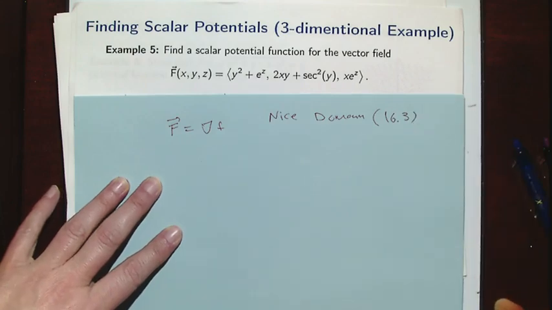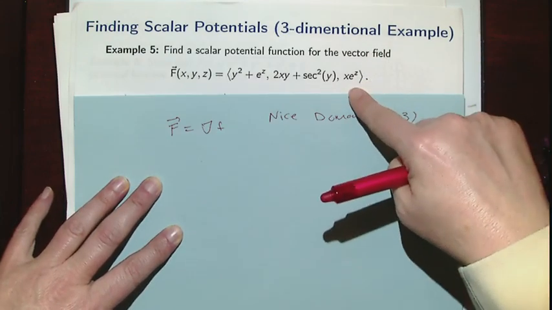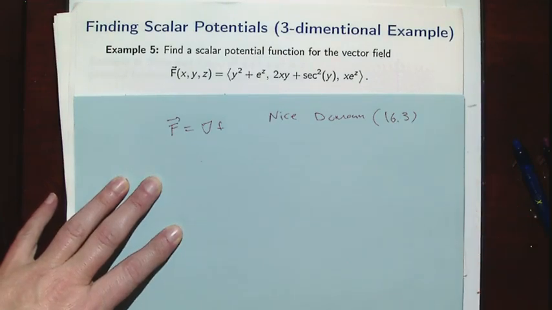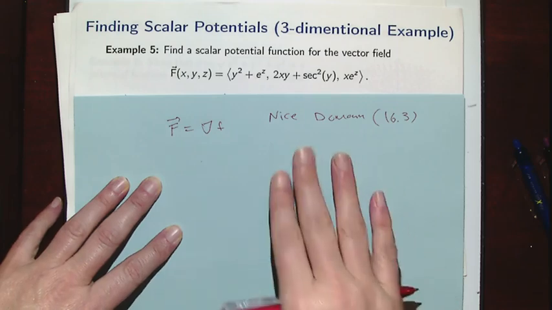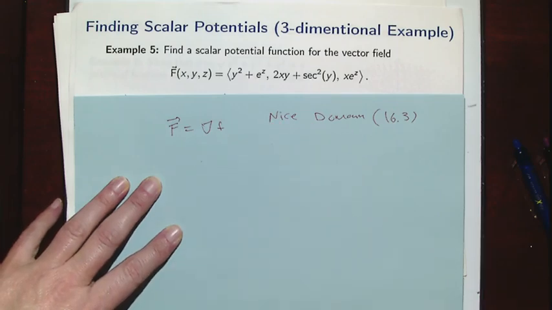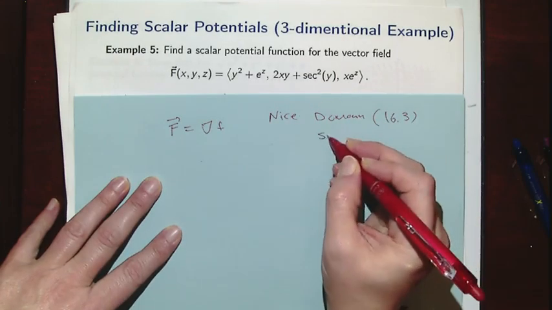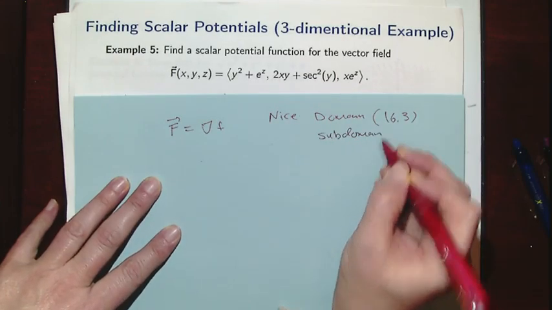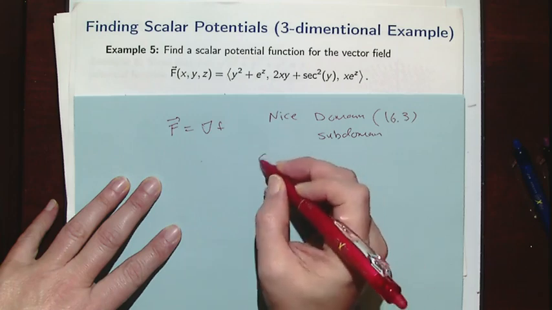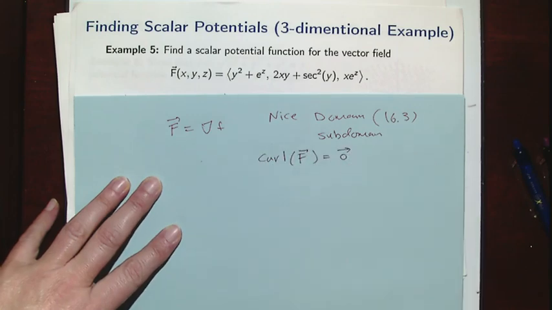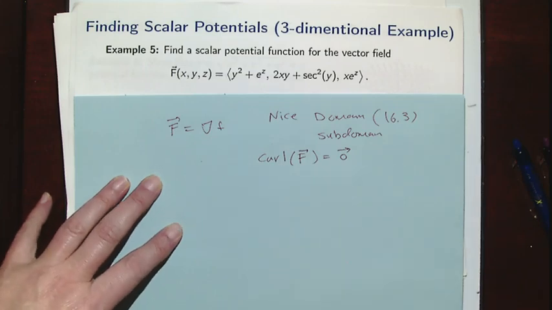You believe that I can't find a nice domain, or partially nice domain. And then the other thing you need is a subdomain. And then the next thing is you have to make sure the curl of F is 0. That means that F is irrotational.